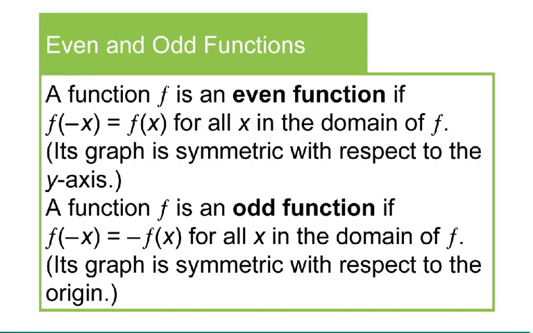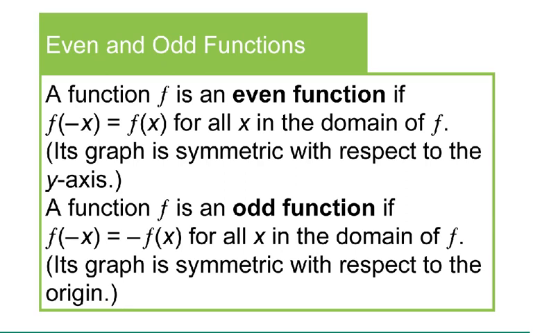All right. To go along with symmetry, we have something called even and odd functions. An even function's graph is symmetric with respect to the y-axis, and for odd functions, the graph is symmetric with respect to the origin. I'm going to show you how to determine algebraically whether a function is even or odd.